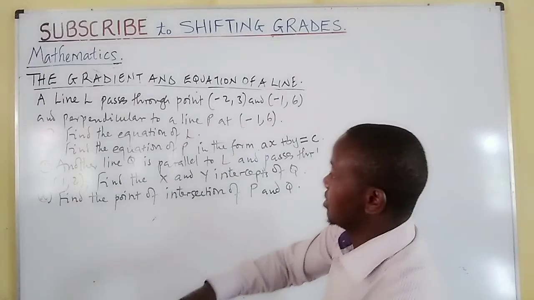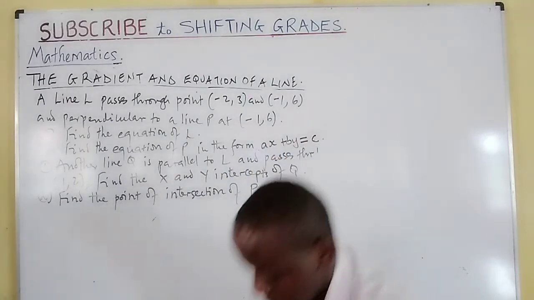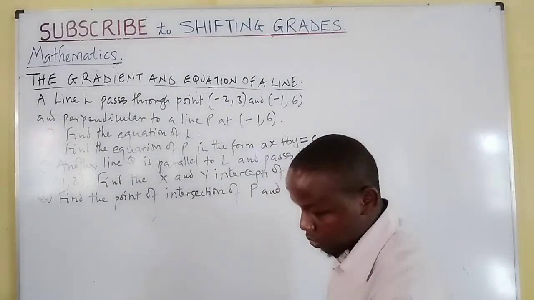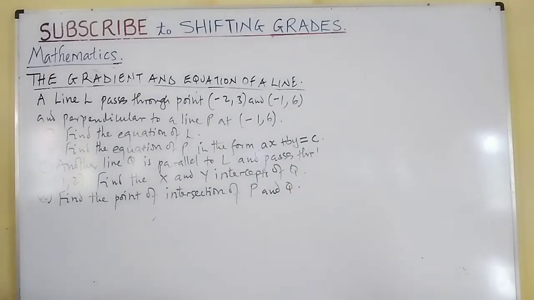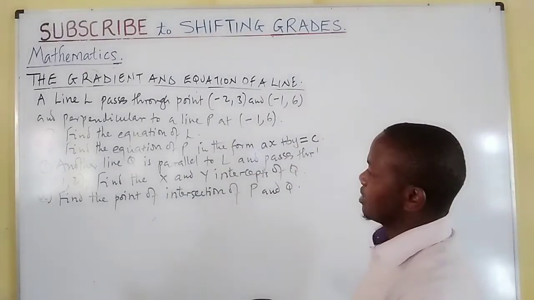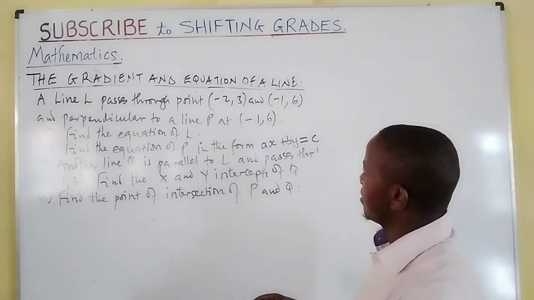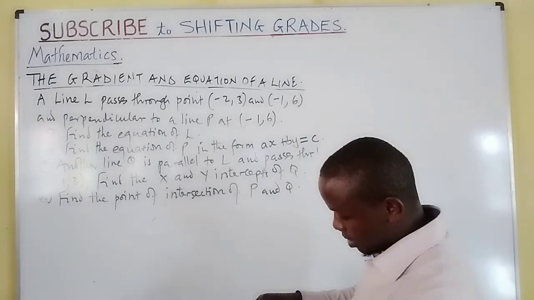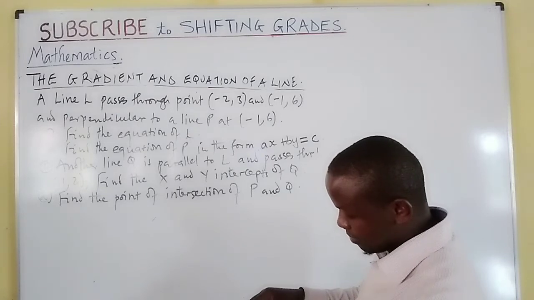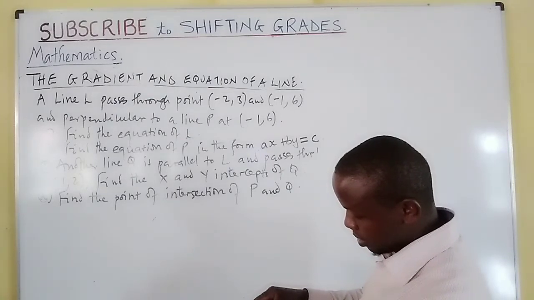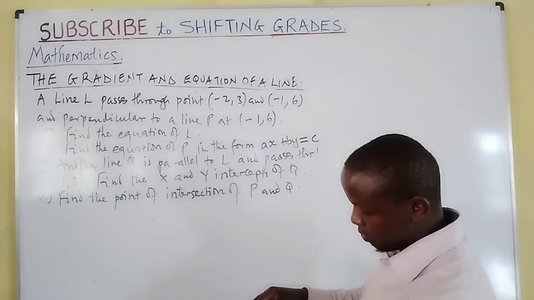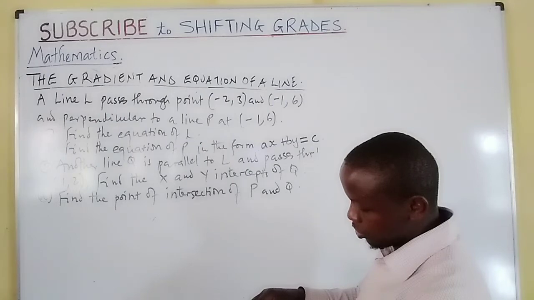So we are getting, first of all, the equation of a line with two coordinates given. And again, the equation of another line which is perpendicular to the equation we will have found above, meaning that the answer in A will be relied upon for the response of the next question.